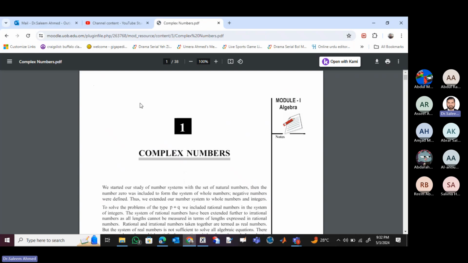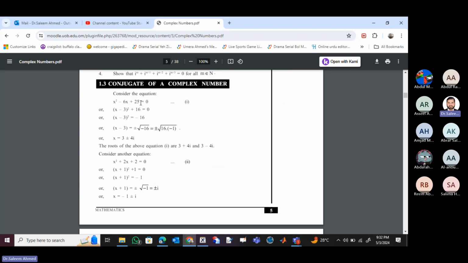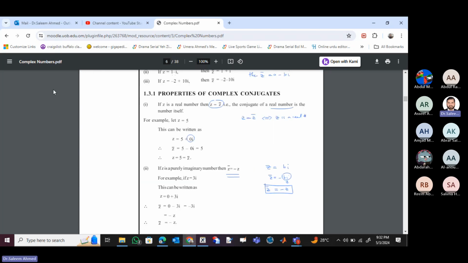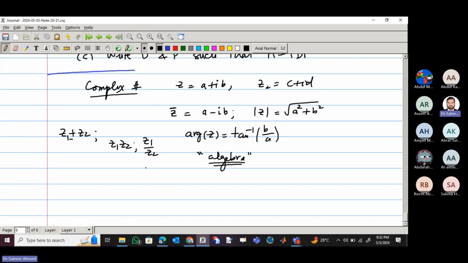This is very easy. We have different complex numbers along with their videos. Multiplying, dividing, everything is easy. The important part may be this one. You know how to multiply, divide, right? It's not difficult at all.